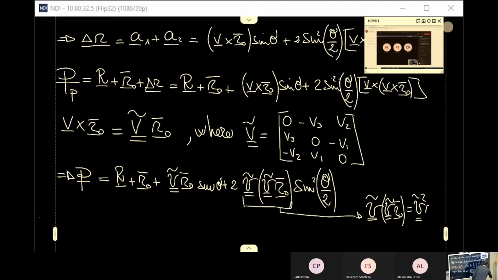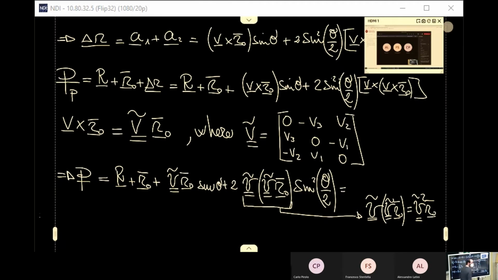V tilde squared applied over R0 over bar. Instead of rewriting it like this, V applied over V, which acts over R0 over bar, we define a squared matrix, which identifies this operation, okay?